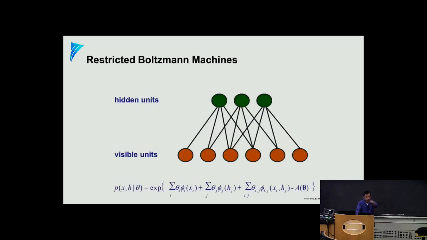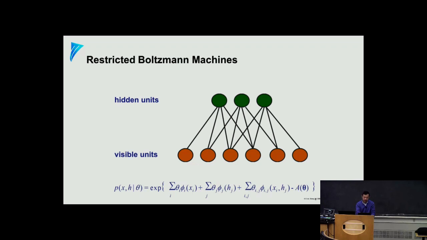I just want to flash a few other examples at you, just for fun, since this model has been quite popularly used as it is, or as building blocks of other models. For example, this model is very important for the literature of machine learning and deep learning. It's called the restricted Boltzmann machine.